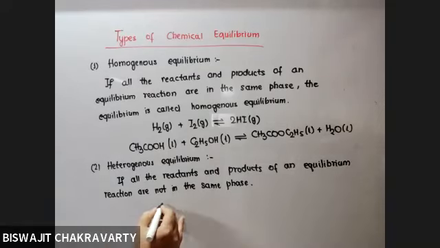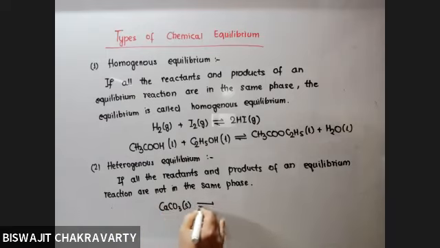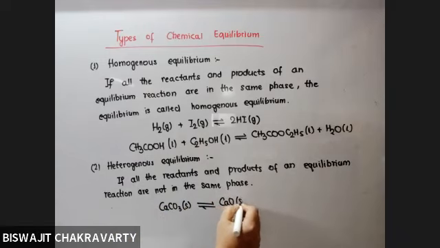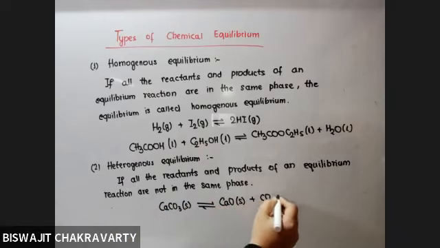Say for example, calcium carbonate solid, calcium oxide solid, carbon dioxide gas. So here you see that all of them do not belong to the same phase. Calcium carbonate is in the solid state. Calcium oxide is also in the solid state. But carbon dioxide is in the gaseous phase. Okay? Is it understood?